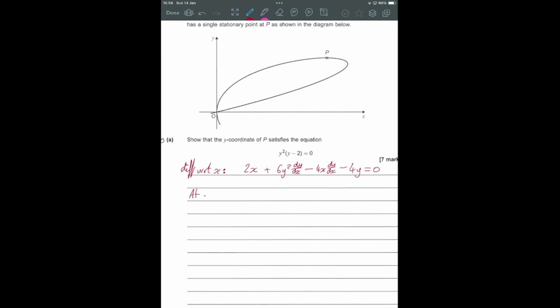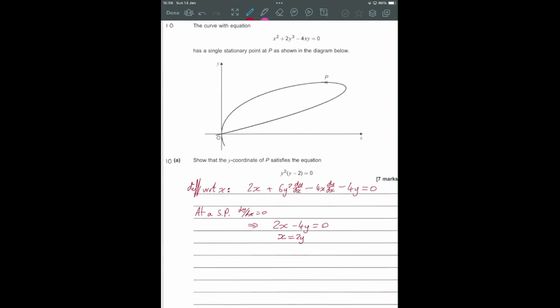So at a stationary point, dy by dx equals 0, which means that this equation simplifies quite drastically. Both the 6y squared dy by dx and the -4x dy by dx become 0, disappear entirely. So that's telling me that x is equal to 2y. Well, the trick now is to sub back into the original.